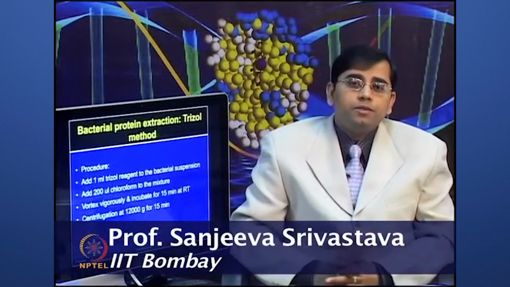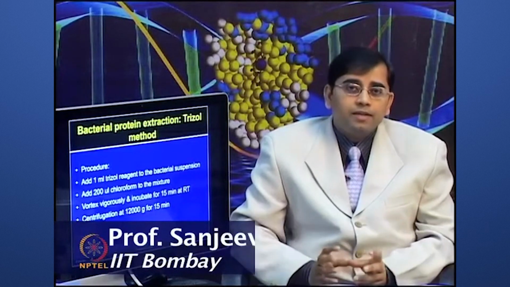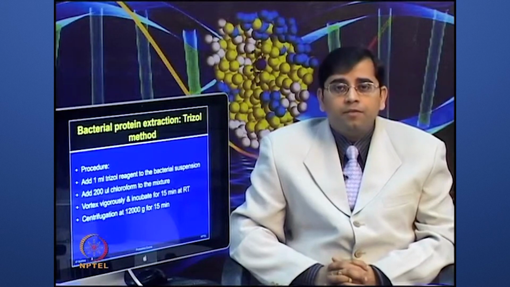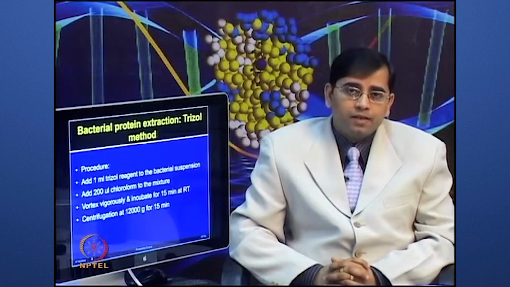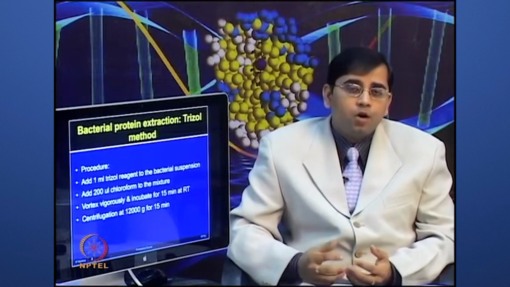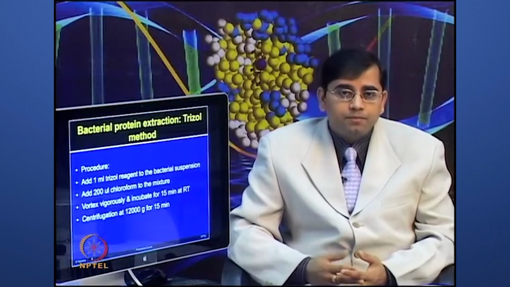Let me brief you about the procedure. First, this is not the exact detail of the protocol, I am just giving you a few numbers for your reference. One can modify these depending upon how much protein extract they want and based on their sample.